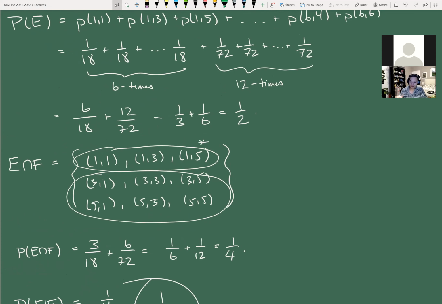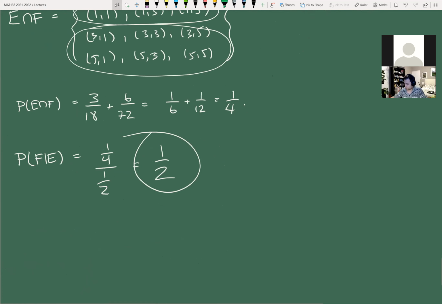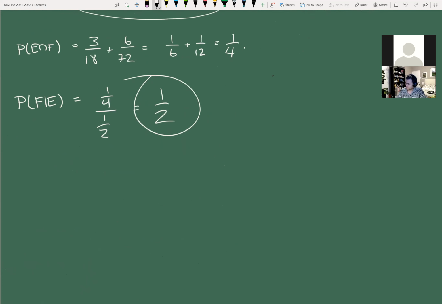So now I ask how many of those events have the red die being 1 or 2. Then I would have written them out: how many events occur with the red die equaling 1 or 2?